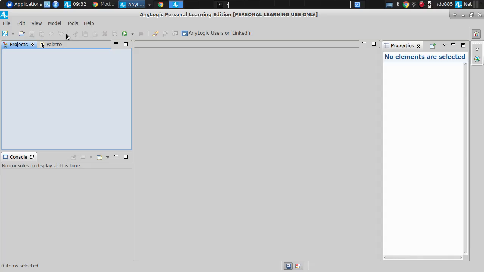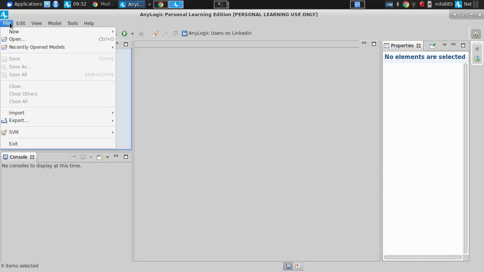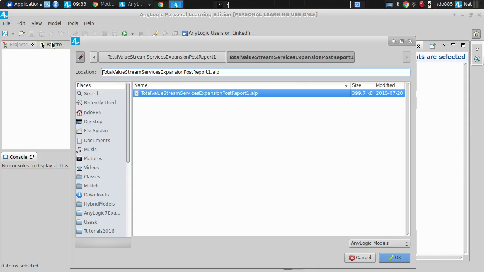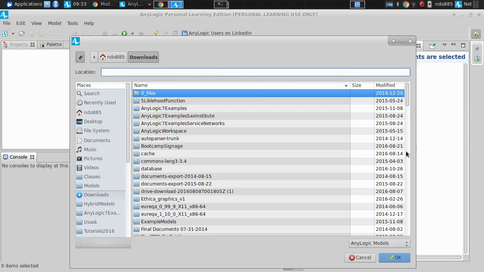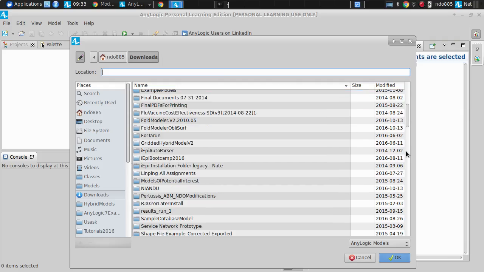So what I'm going to ask you to do is to go open that model you just downloaded. I'm going to go through that same process. So I'm going to do File, Open. You can also press Control O on Windows, or I think Command O maybe on Macs. You're going to go to your downloads, wherever you put downloaded things on your computer. You probably know where that is.